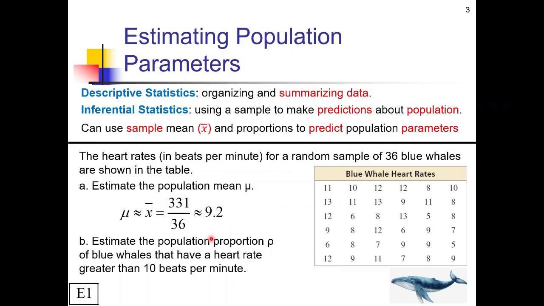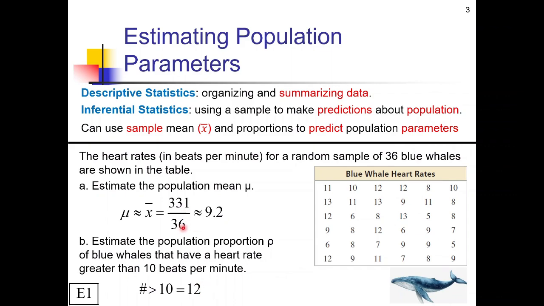Now for the population proportion of whales that have more than 10 beats per minute, we're going to get the sample proportion for that statistic. So let's just count up how many of these are more than 10. So starting here on the left, we've got 1, 2, 3, 4, 10 doesn't count, 11 brings us to 5, 6, 7, 8, 9, 10, 11, and this is the last one, so that's a grand total of 12 of those that are greater than 10.